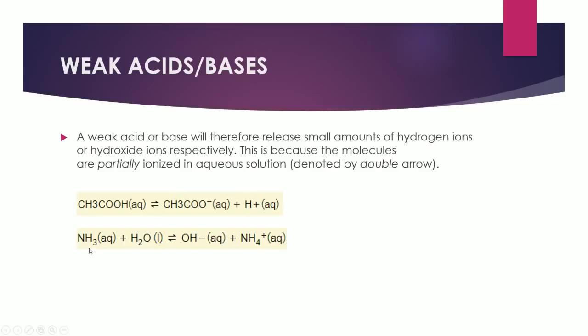Same with the weak base here, ammonia. You don't really get a lot of hydroxide ions formed because only a small amount of these molecules dissociate to make the ions. So the low concentrations of hydrogen ions and hydroxide ions will result in a weak acid or a weak base.